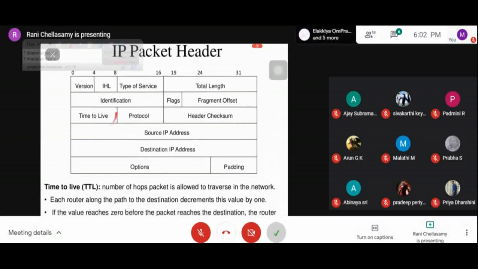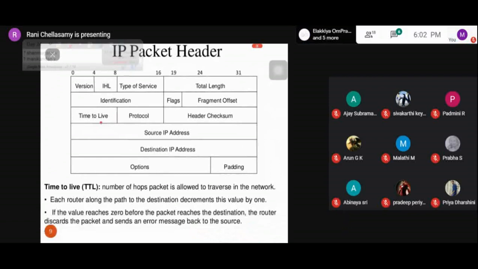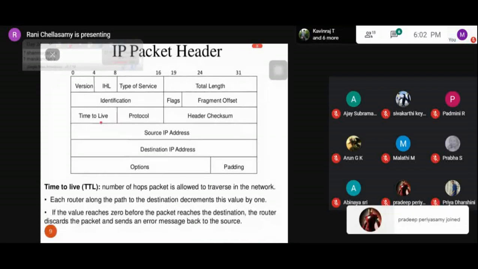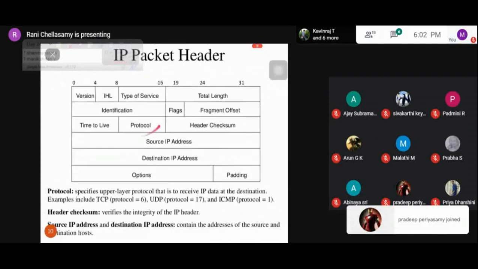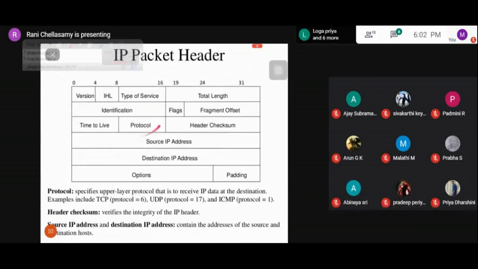Next, protocol. The protocol field specifies the upper layer protocol that is to receive the IP data at the destination. For example, if the upper layer protocol is TCP, the value mentioned is 6.